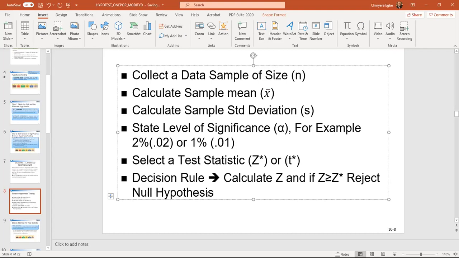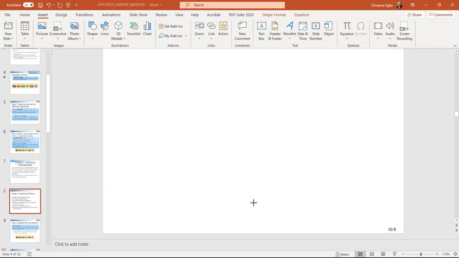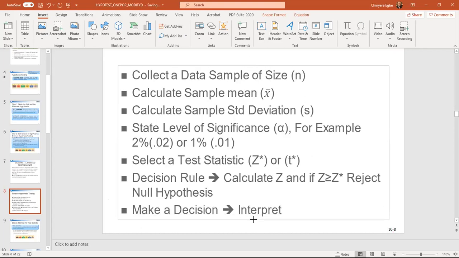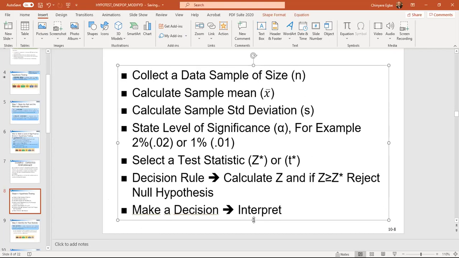So these are the very simple steps. And of course, after you reject or do not reject the null hypothesis, then you make a decision and you interpret. So we're going to go through these steps for this simple problem.